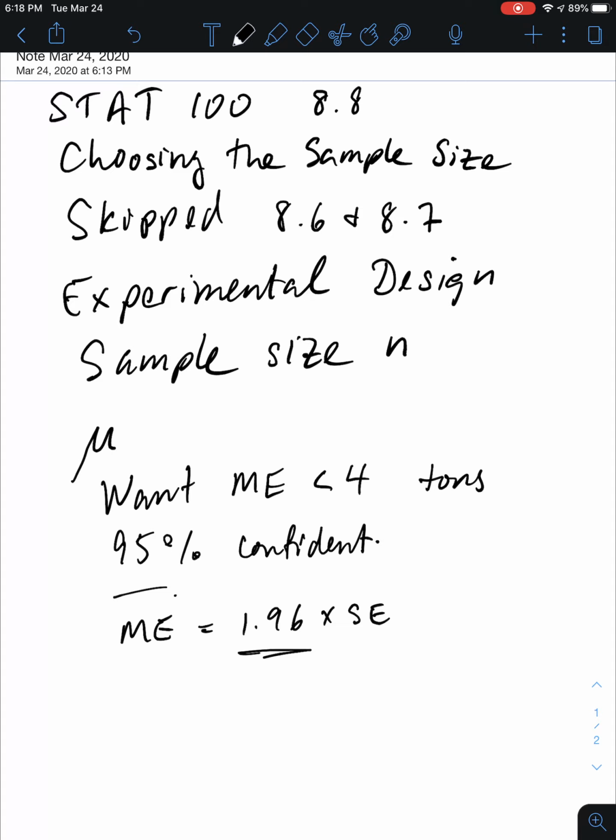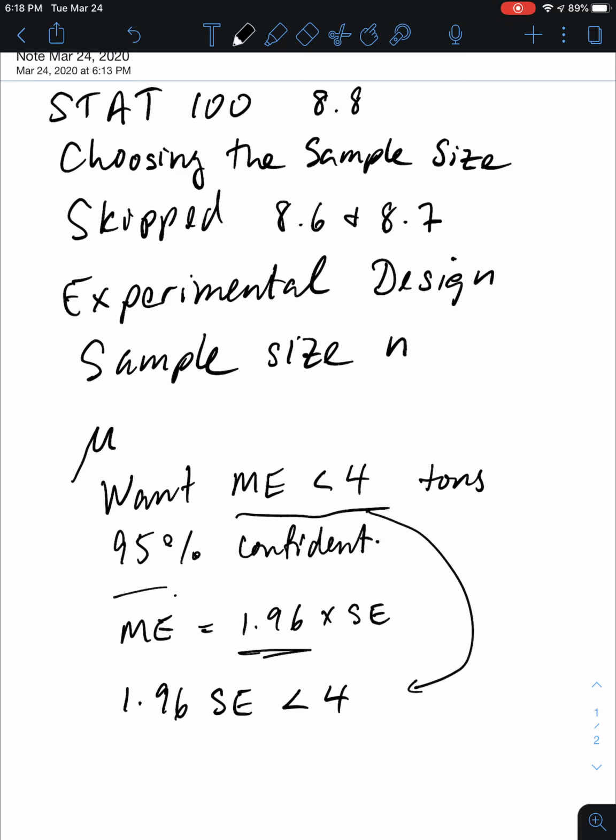Okay, so what we want is 1.96 times SE is less than 4. And that's from this first equation. That's a condition. The margin of error is less than 4 in this problem. In other words, the width of our confidence interval is 4 in either direction. 8 actually is the width of our confidence interval. So that condition translates now into this condition on the standard error.